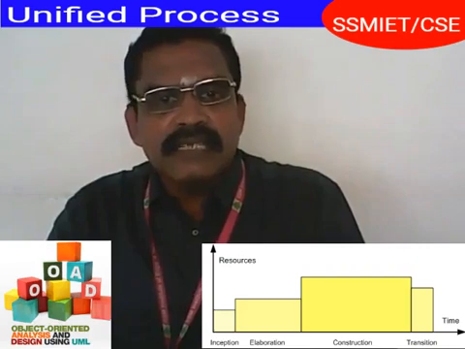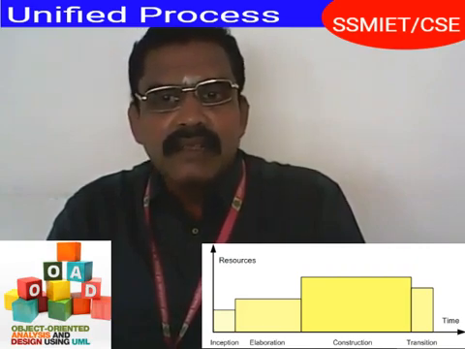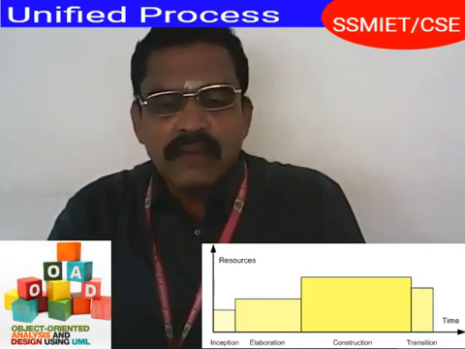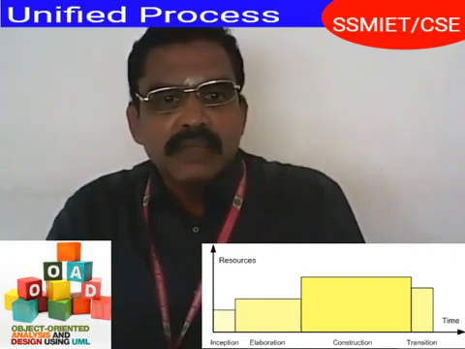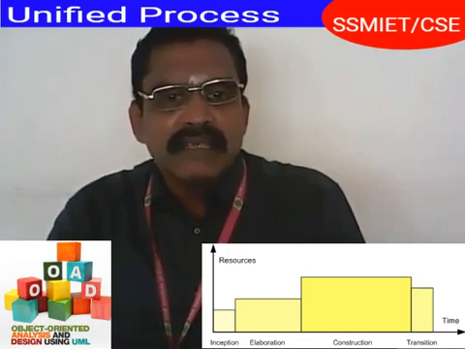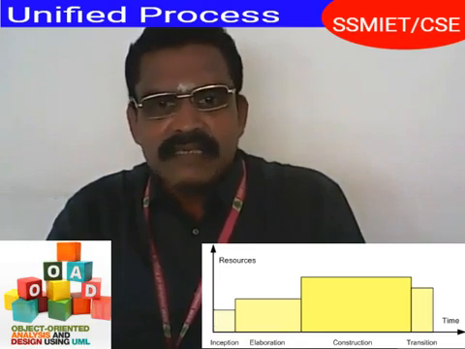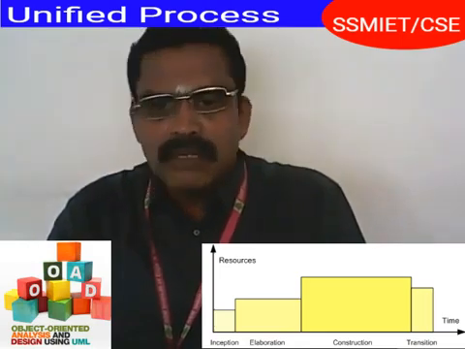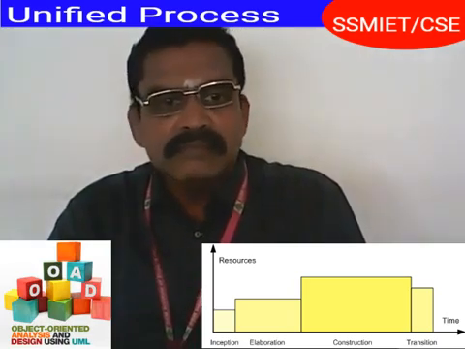Then the next one is the construction phase. In this phase, the system is built on the foundation laid in the elaboration phase. So system features are implemented in this phase and each iteration results in an executable release version of the product.